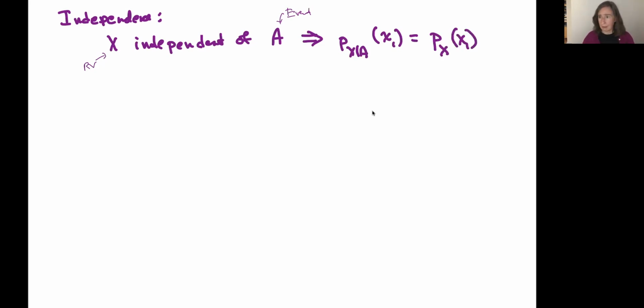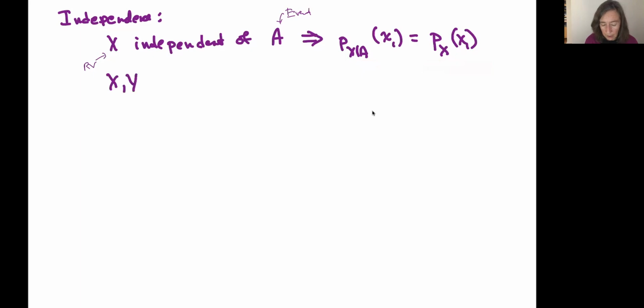I'm just using the new PMF notation to say what we've always said about independence: if X and A are independent, then learning that A is true doesn't affect our beliefs about whether X is true or not. And that goes through when both our events are random variables.